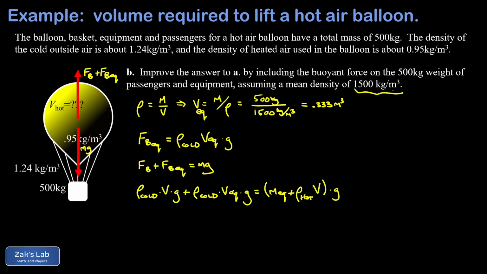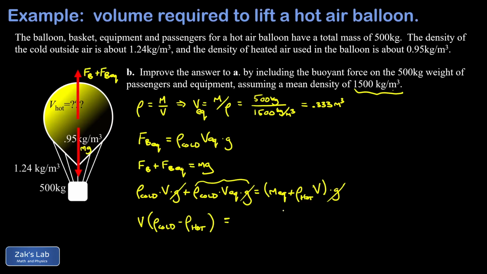So this is basically what we did before, except we're adding in this little helper term that's helping the buoyant force just a little bit. The g's cancel out again. And again, we're going to subtract the V containing term from the right-hand side and factor it out. That gives me V times (rho cold minus rho hot).